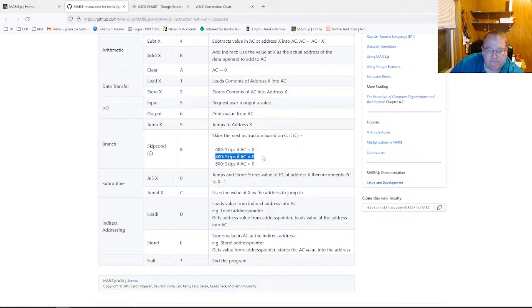That's okay, because we can't say less than or equal to. We can only say less than or greater than. So let's just do one of them. It doesn't make a bit of difference which one we do. So the first one I want to do is I want to skip if it's 0.